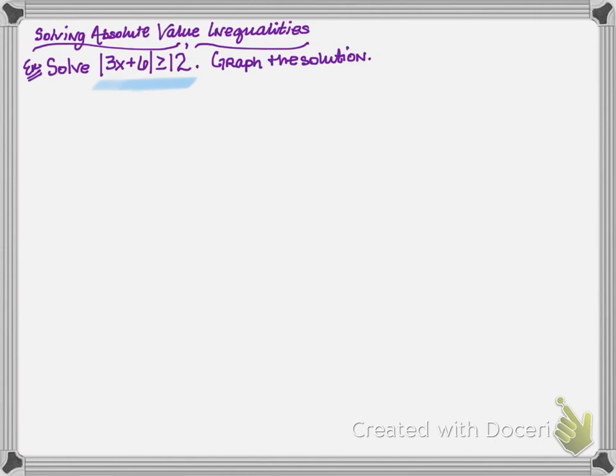And that's when you would use the less than symbol. So no more than means that it's less than or equal to, and if it's at least 12 units from 0, it means it would be greater than or equal to 12. I'm sorry.